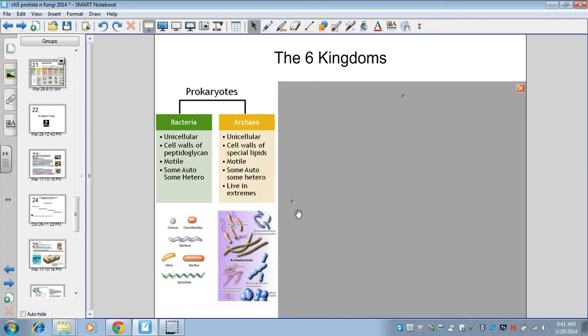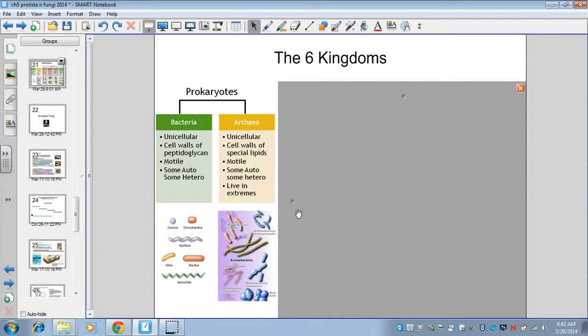Both groups include unicellular organisms, which are motile. Some of them are autotrophs, some are heterotrophs, but they differ very much in their structures, their cell wall structure, and their biochemistry and DNA. So instead of having 5 kingdoms, they went to a 6 kingdom system, and so now we have kingdoms bacteria and archaea, which are separate, and domains higher to that.